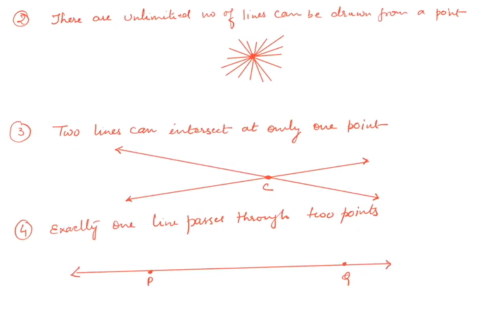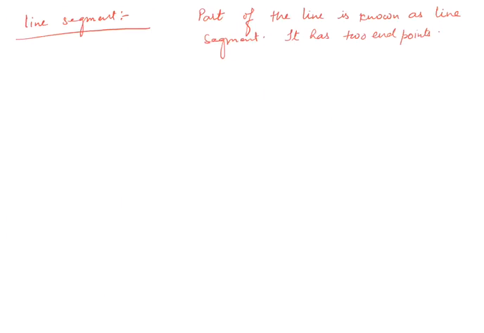The next one is line segment. Part of a line is known as a line segment. Whenever we take a part of a line, that is known as a line segment. It has 2 endpoints. In a line there was no endpoint. In a line segment we have 2 endpoints. Suppose this is a line, it goes on and on from both the sides.